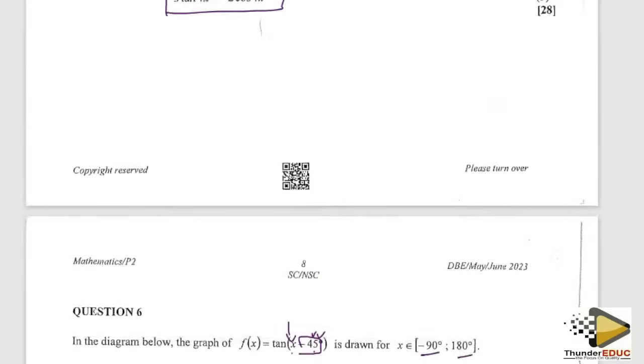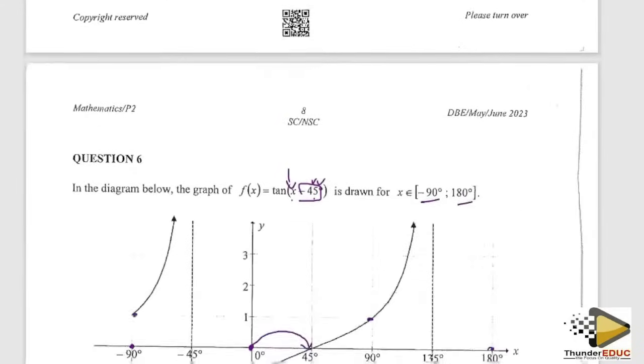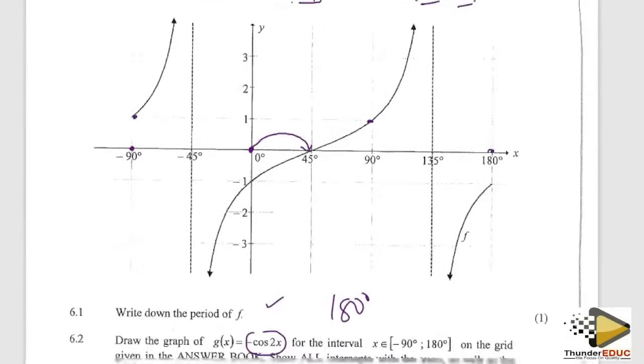So where do we find the graph of f to be above 1? We can see that in this area the graph is above 1. What are the values of x between this and that? At this point it's at 1, but we said our end point is 90. We can't go beyond that.